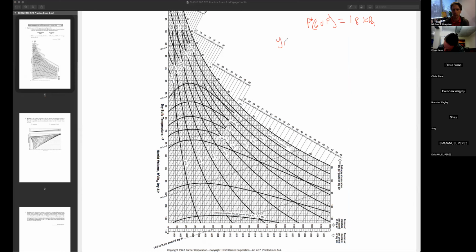So the mole fraction of water would be equal to 1.8 kilopascals divided by 101.3. And 1.8 divided by 101.3 is 1.8%, which equals 0.018.